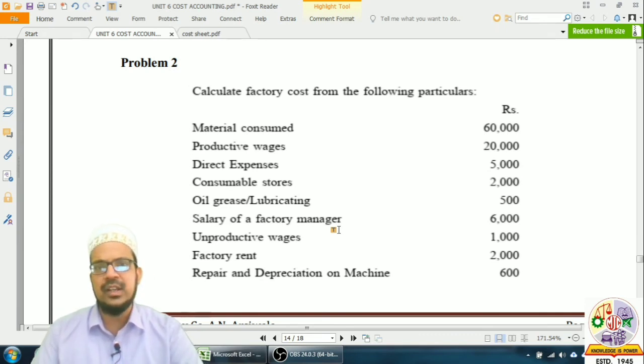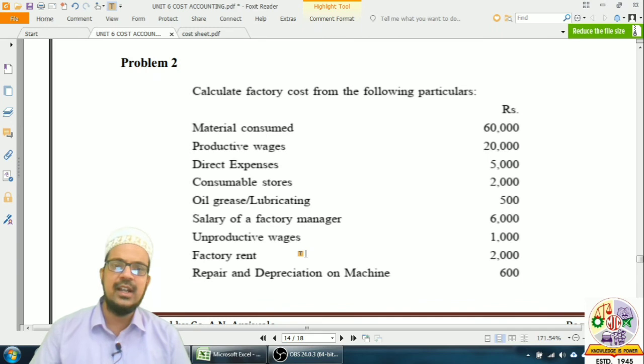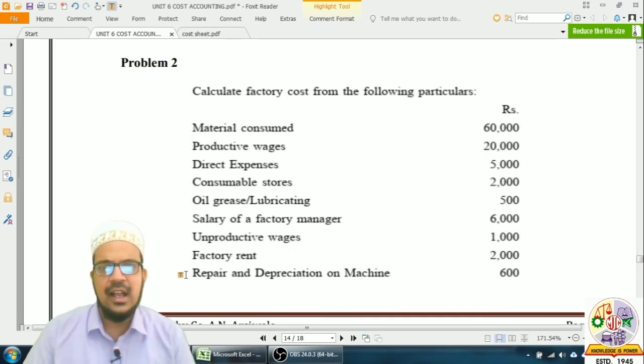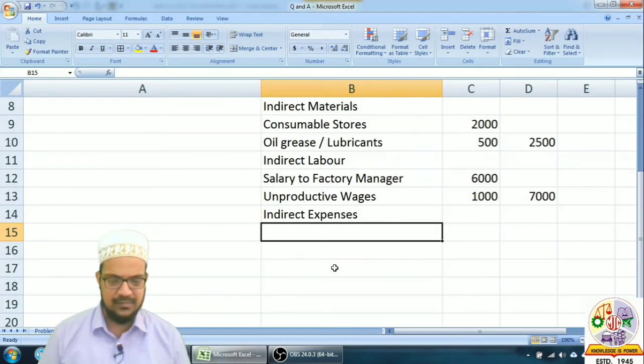Examples of indirect expenses will be factory rent, rent for machineries, repairs to machineries, depreciation to machineries. All these things will be your indirect expenses. So here we can see factory rent and repair and depreciation of machine, both of these will be included in indirect expenses.